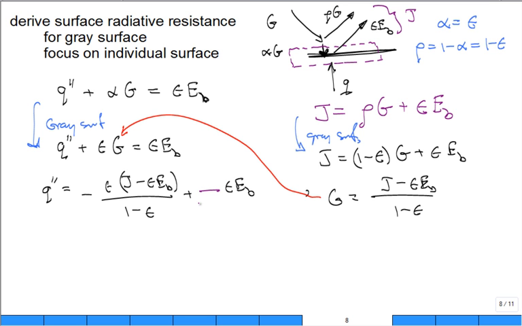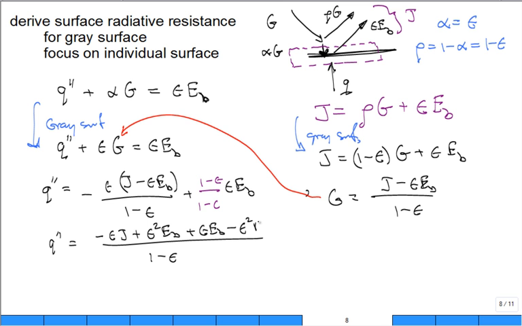If I multiply and divide by 1 minus epsilon for that second term, everything is over 1 minus epsilon. So I can look to see if I can cancel some terms. We get minus the emissivity J plus the emissivity squared EB plus emissivity EB minus emissivity squared EB, in which terms cancel. Those two cancel, true?